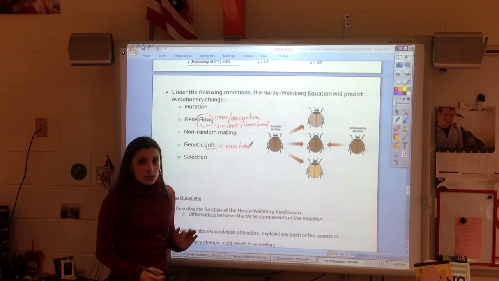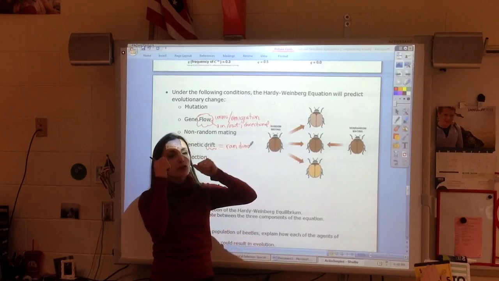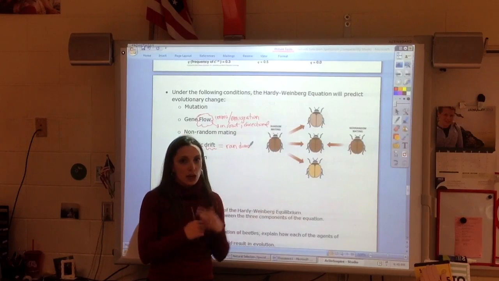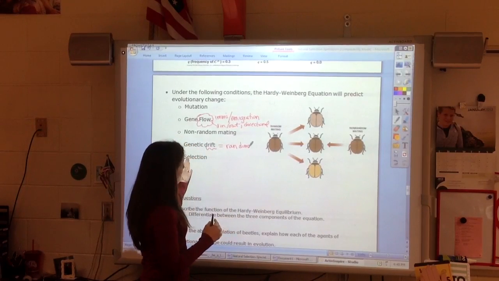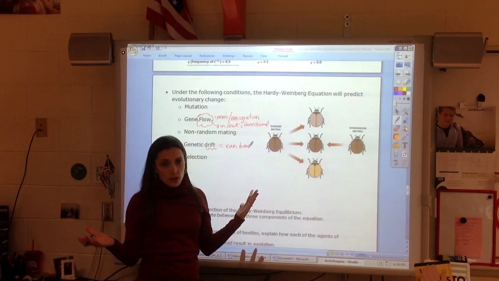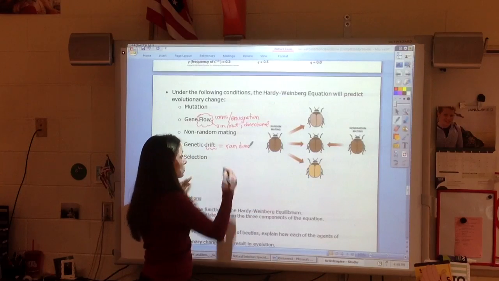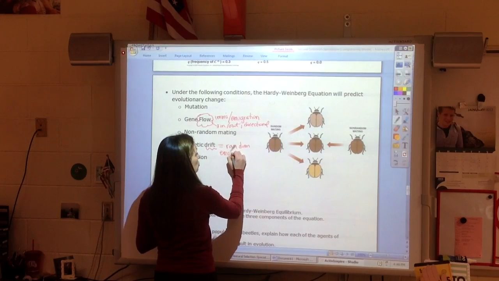So this is going to be like if I put a net into a pond and scoop up a bunch of fish, and I start a new fish tank with them. I didn't select them. I randomly chose who was going to survive and not. And so genetic drift is when there's usually some sort of random environmental change.